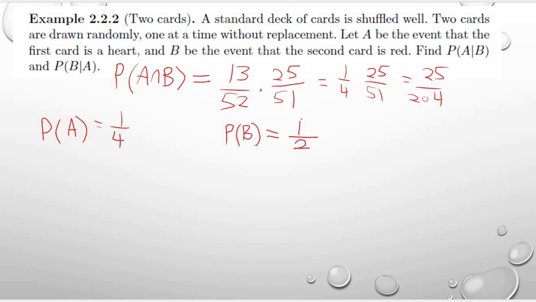Okay, so we use symmetry to get a half, or you could think there are 26 red cards that are hence favorable and 52 cards. So you could get 26 over 52, which of course is the same thing, only a little more complicated. All right, now we are ready to calculate some conditional probabilities.